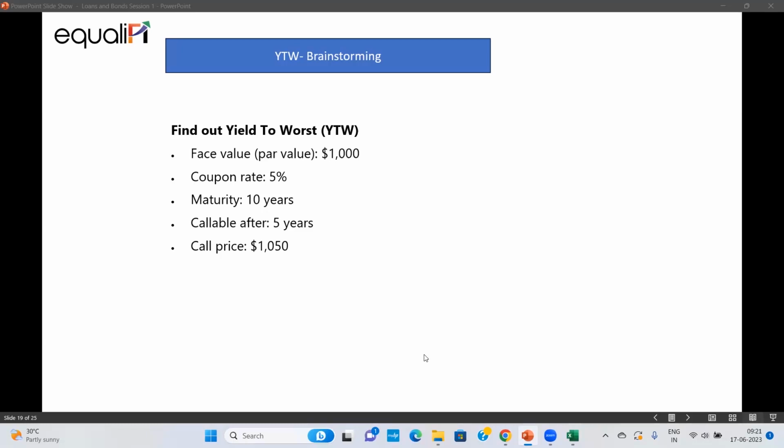The significance is that you do a comparative analysis whether it is better to hold an investment or call the investment.